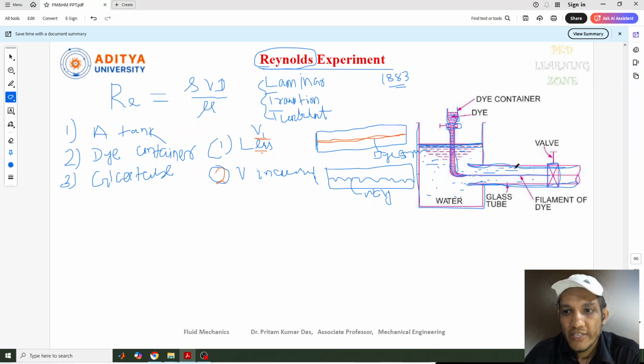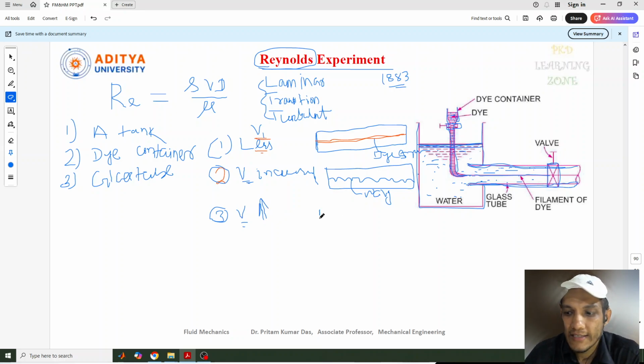Now when you open the valve a little more than the previous one, the velocity increases compared to the previous one. Then one more case: when the valve is opened fully, and the dye is also opened fully, we are increasing the velocity up to a maximum limit. Because the valve is fully open, the water flows through this tube with a high velocity.